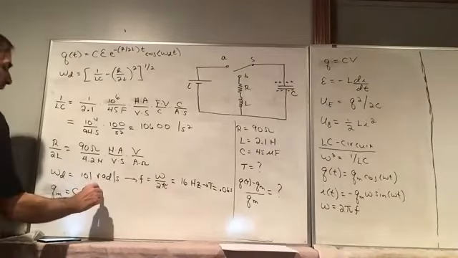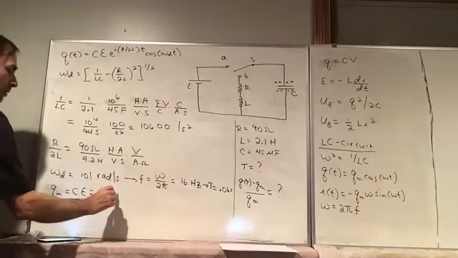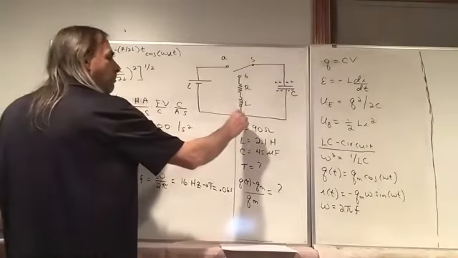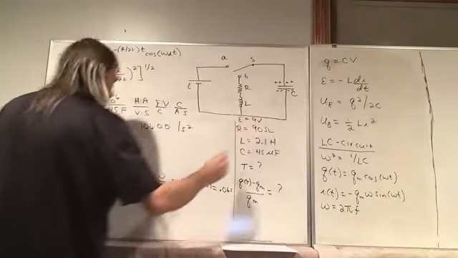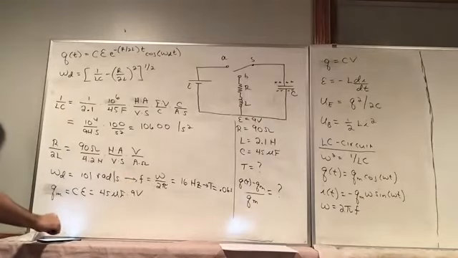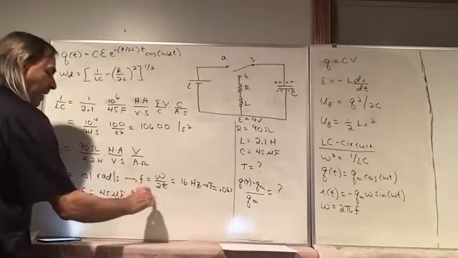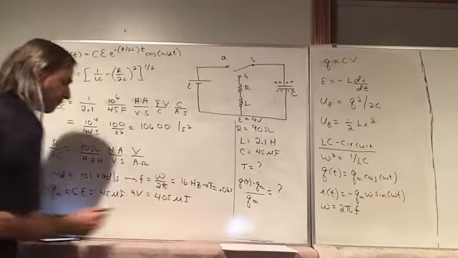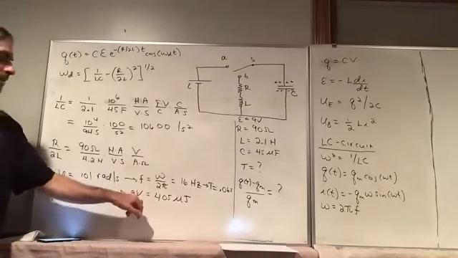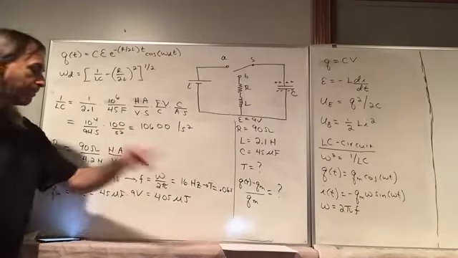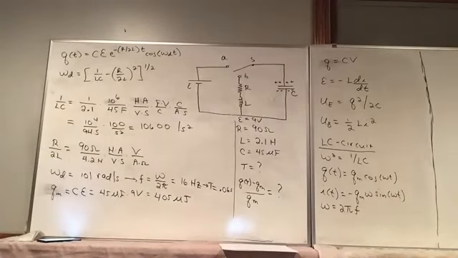That'll be 45 microfarads times, say it's a 9-volt battery. So 45 times 9 is 405. And a farad times a volt is a joule. And so, we have this micro here. So we have 405 microjoules.